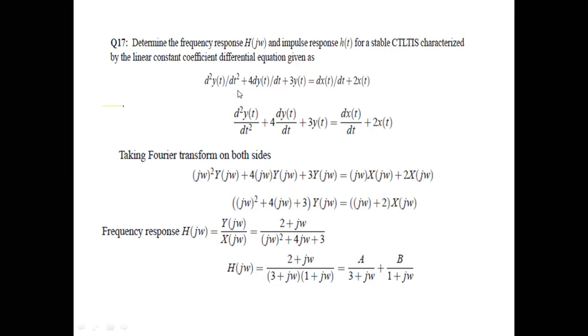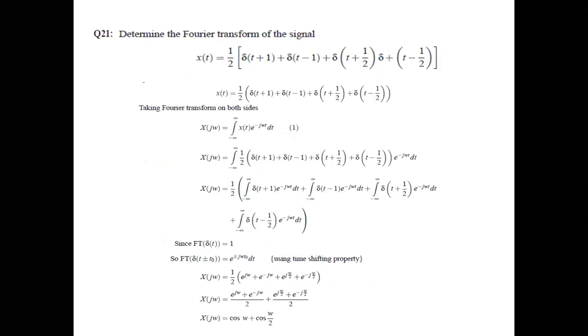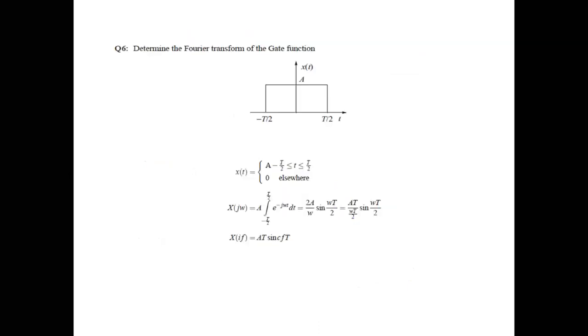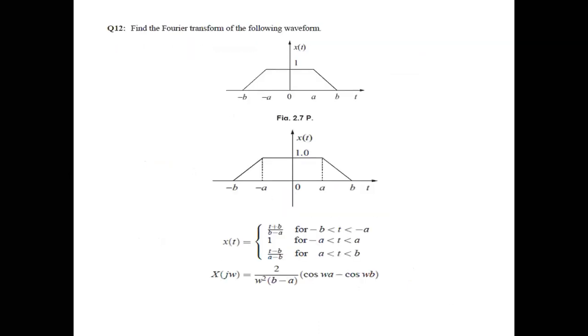If a given function is a differential equation, how can we find the Fourier transformation? That is also very important, my dear students. And if any signal is given in terms of a delta function, how can we find the Fourier transformation? You will see these four examples in tomorrow's class, my dear students, the Wednesday class.